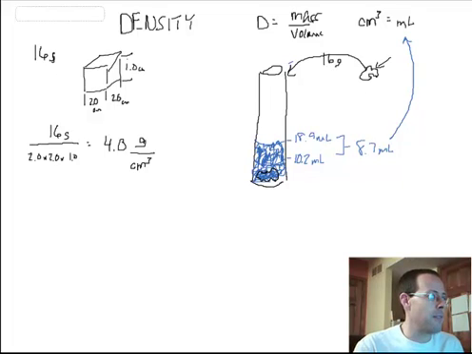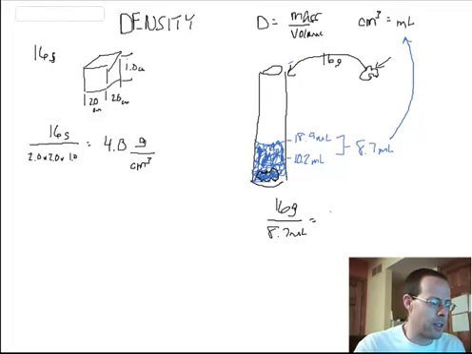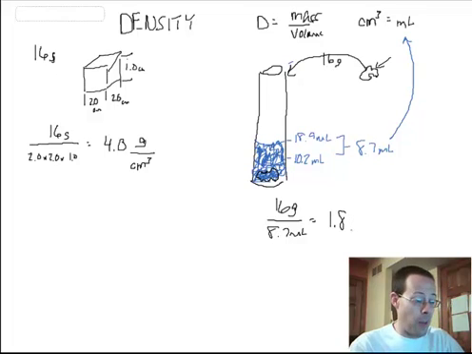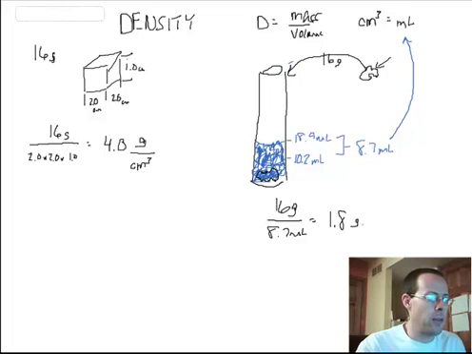So mathematically, I can take 16 grams and divide that by 8.7 milliliters. And I'm going to get some value, a little bit less than 2. So we're going to get 1.8, and we stop there because we have two significant figures, 1.8 grams per milliliter.